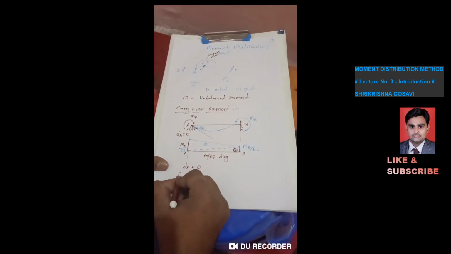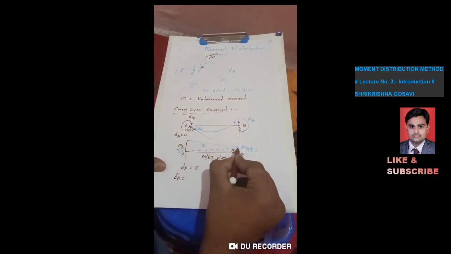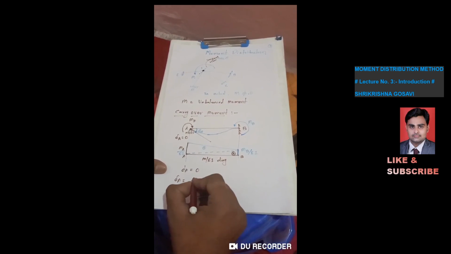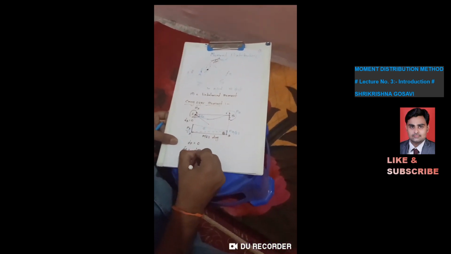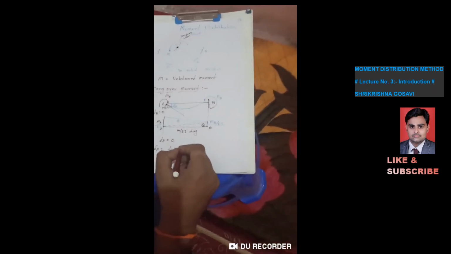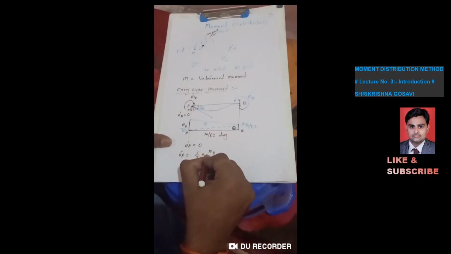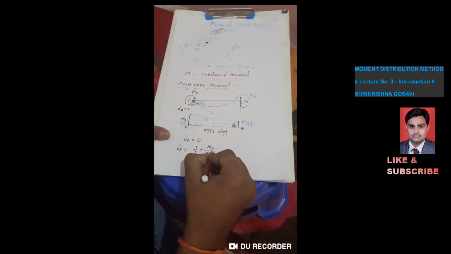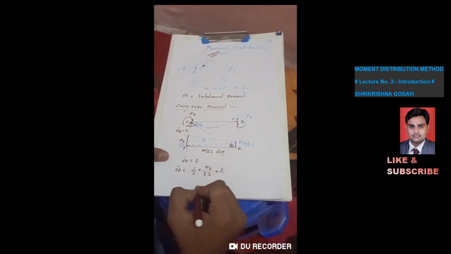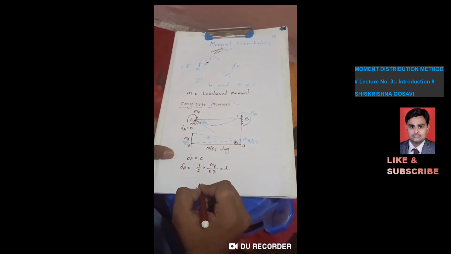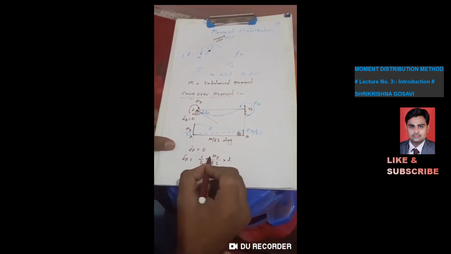So here delta A is equal to, now this is our first area. The first area will be half into base into height, which is our formula. So MA by EI into L. Now this is the area.